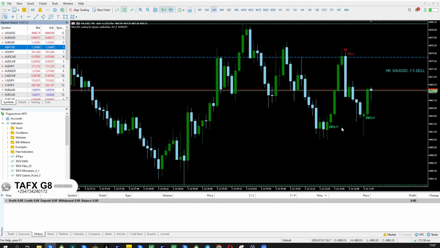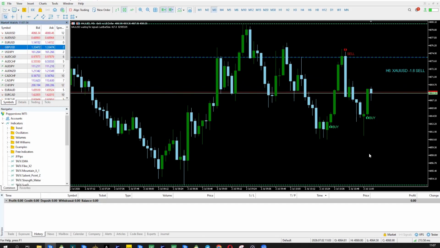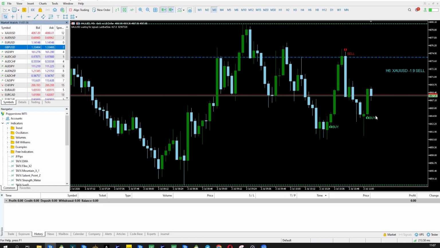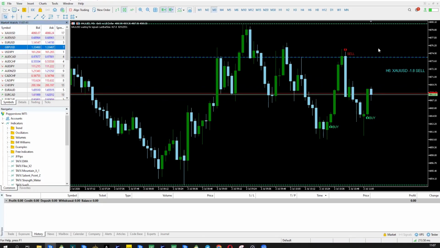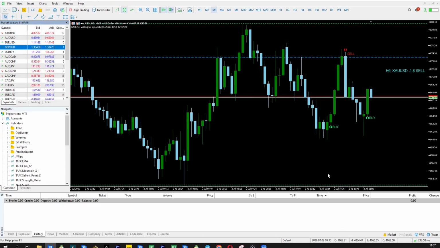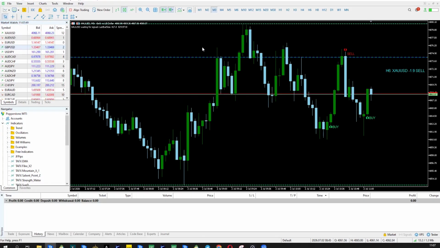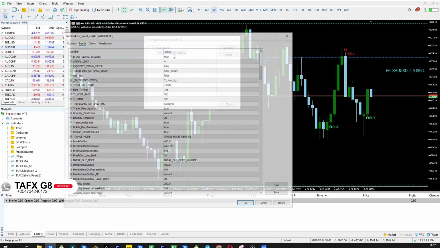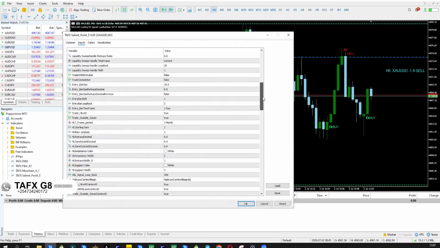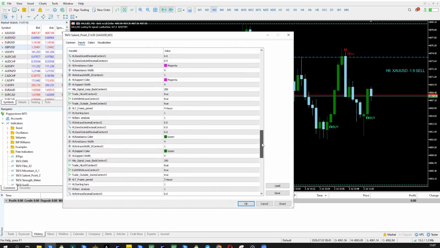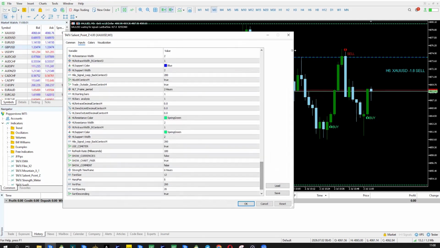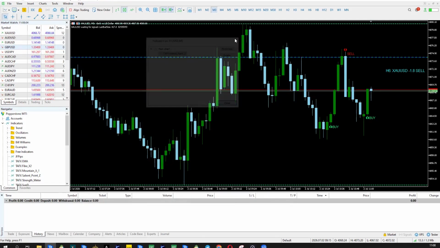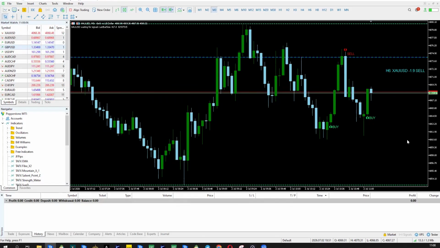And another thing, if you are at a support or resistance and you find that the GBP is still strong, then you can wait for a very good buy setup. Then you can buy automatically if the GBP is strong and you are at a support or a resistance. So it depends. That is the best thing about the system and this indicator here. It will help you a lot, because it has everything that you really need when you want to trade professionally, especially when scalping.